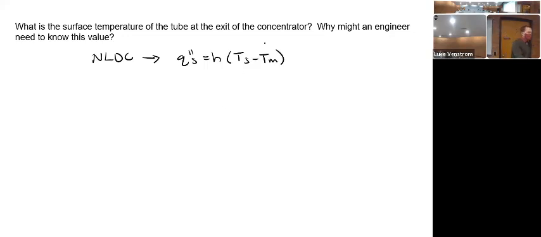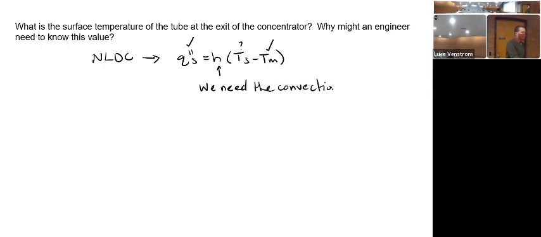So I just told you we now can calculate this at any location. I'm given the flux, yeah? So the only thing that I'm trying to figure out is the surface temperature. So what's left over is we need h. We need the convection coefficient for this problem.